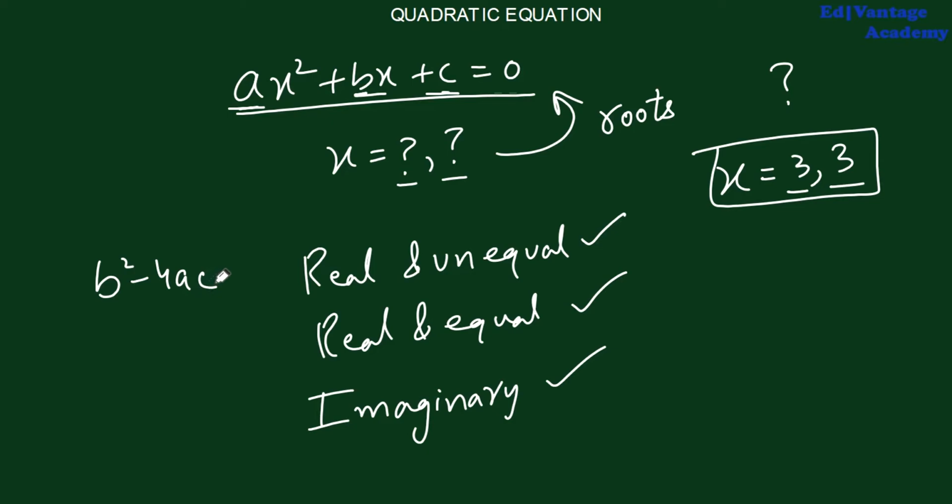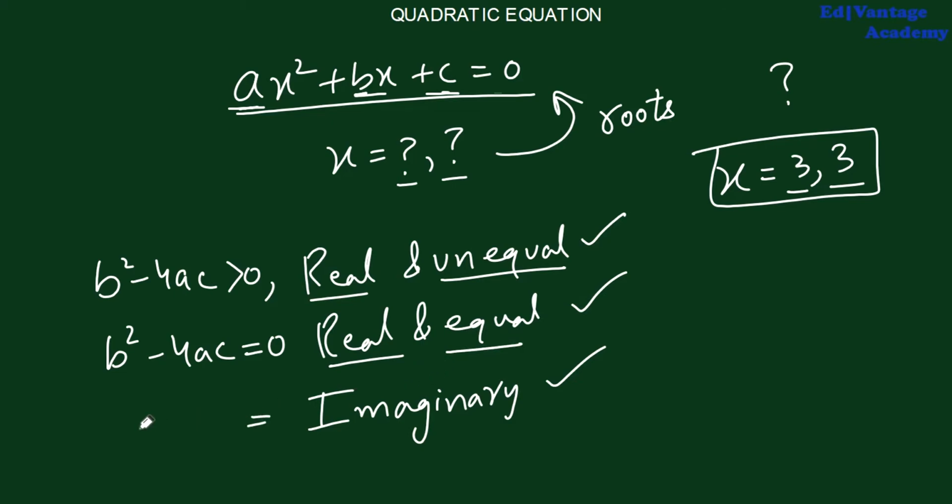If b square minus 4ac is greater than 0, then roots will be real and unequal. If b square minus 4ac is equal to 0, the solution of x will be real and equal. But if b square minus 4ac is less than 0, that is negative, roots are imaginary.